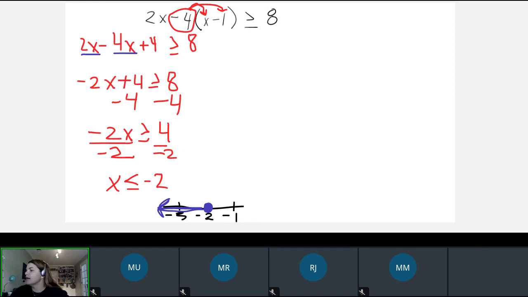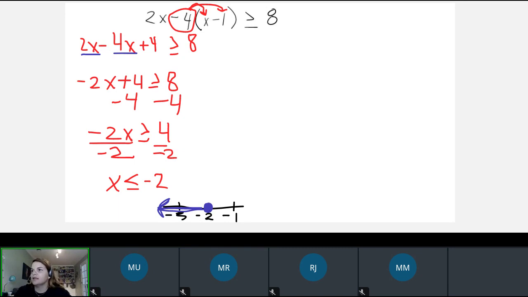Alrighty, so then our last step that we're going to have to do on our writing assignment is we are then going to have to write out our steps. So the first thing, I'm just going to go back through and say, okay, what did I do at each step? Well, the first thing that I did, I distributed. So distribute -4 to x and -1.